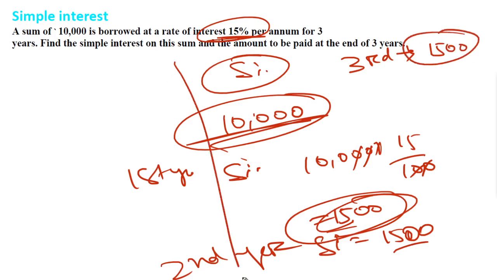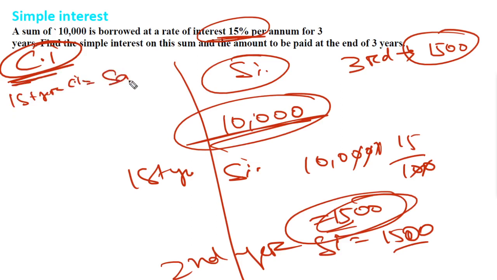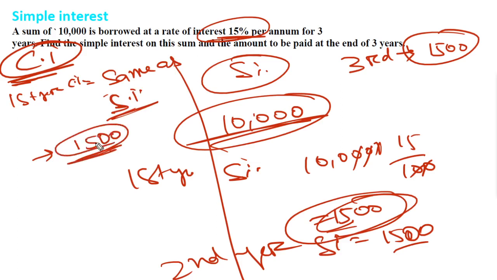But in case of compound interest it is a little bit tricky, a little bit different. For the first year compound interest is the same as simple interest. That means for the first year it will be 1,500. But for second year the principal changes.